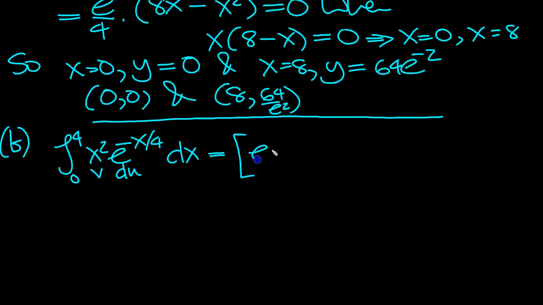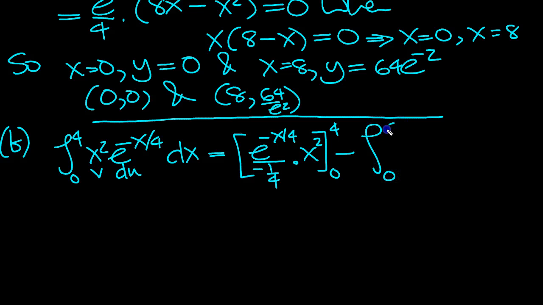This integrates to e to the minus x over 4, but we need a minus 1/4 underneath, times v, which is x squared, between 0 and 4, minus the integral between 0 and 4 of u, e to the minus x over 4. The minus 1/4 underneath here can flip up, can't it, to be plus 4. So that's u times the v dx, which is 2x.